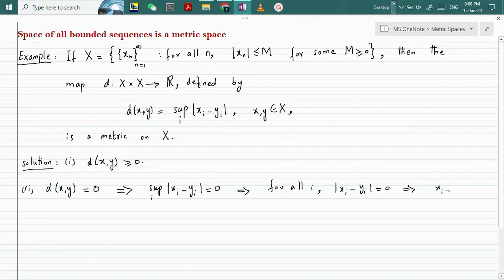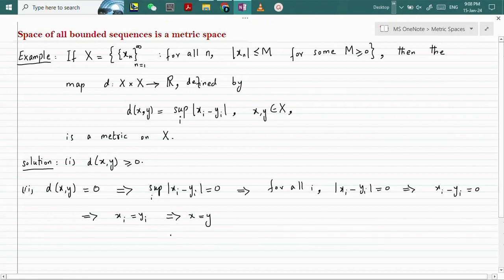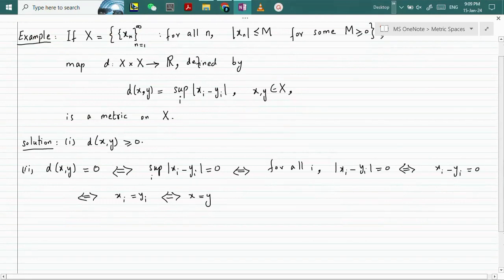Hence xi minus yi is equal to 0 for all i, and this implies that for all i, xi is equal to yi, where xi and yi are real numbers, so the sequences x and y are equal. Okay, so we go in the reverse direction to prove the converse; this is simple. So hence d of (x, y) is equal to 0 if and only if x is equal to y.